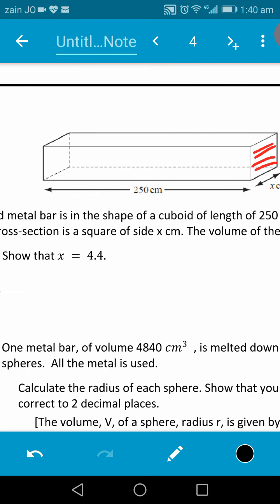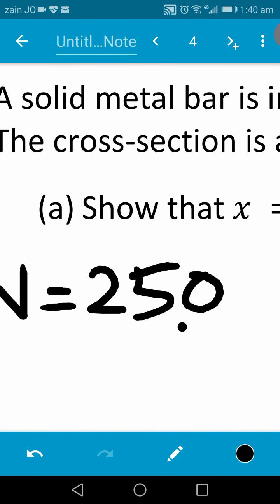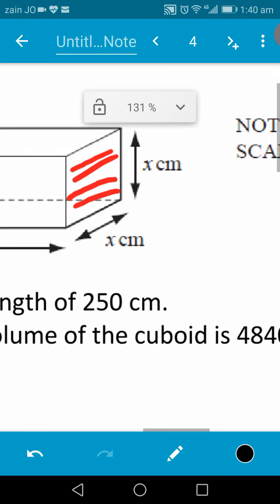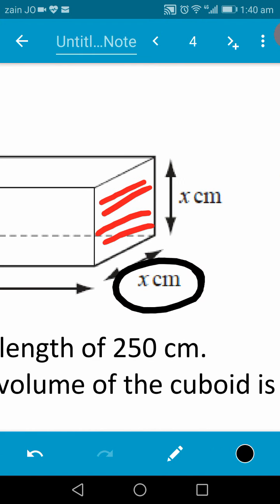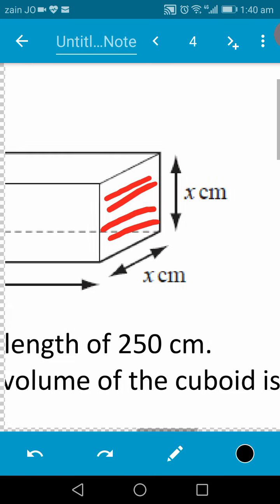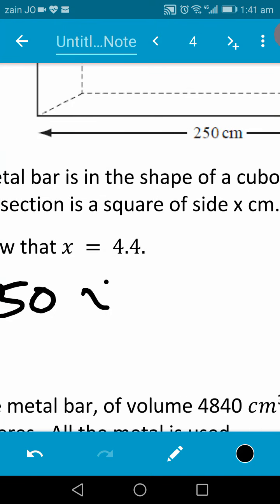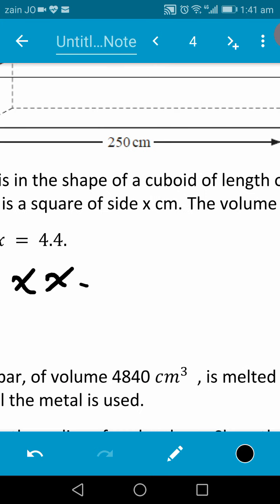For a cuboid, the length is 250, times the width x, and the height x. So 250 times x times x is equal to 4,840.